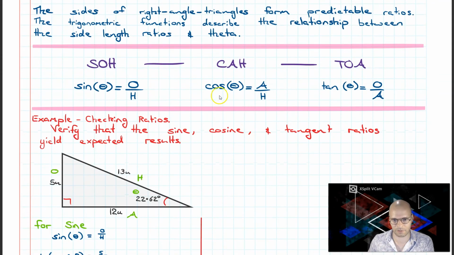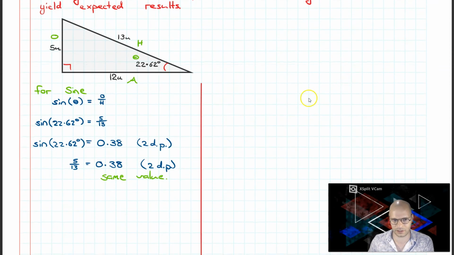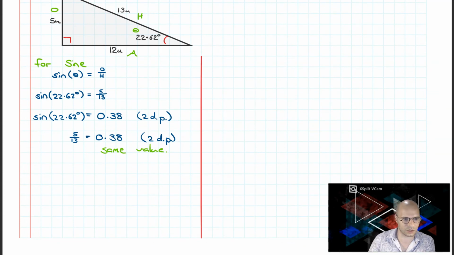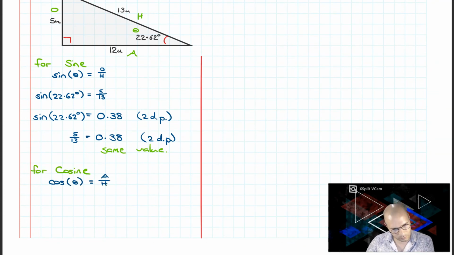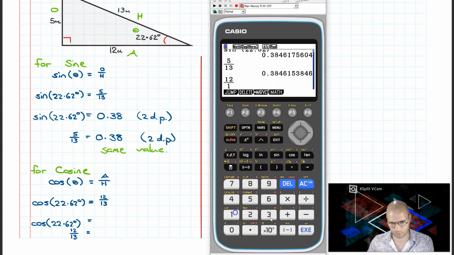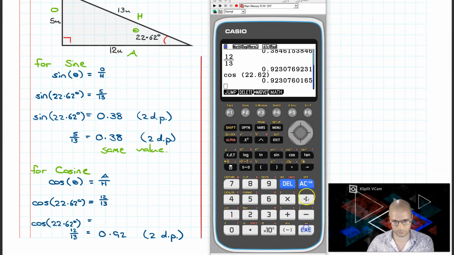Now this is the same for both cosine and tangent. If we go for, say, cosine, then what you indeed see is that the function itself, so the cosine function, is in agreement with the ratio formed by the adjacent and the hypotenuse sides.